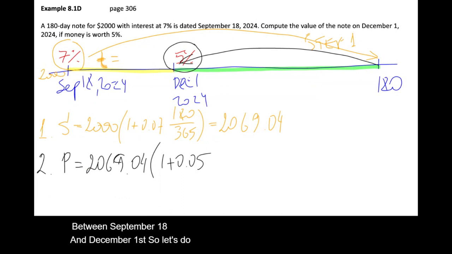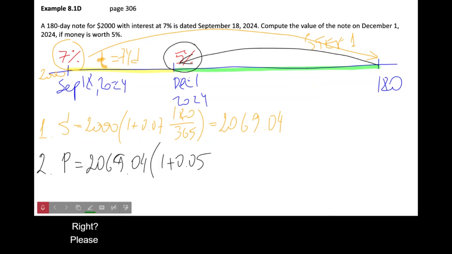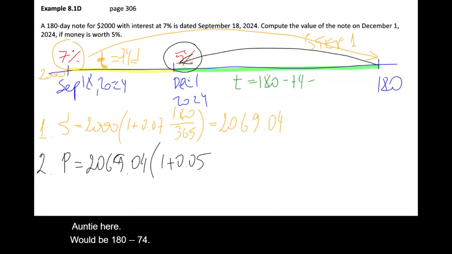So let's do it. So 335 minus September 18, which is 261, that's 74 days, right? Please confirm. And T here would be 180 minus 74. What is that? 106, right?